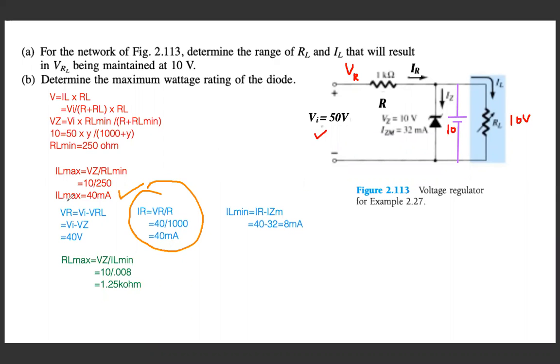The maximum current will flow through the load resistance if your Zener diode is off, if the current through the Zener diode is 0. And if current through the Zener diode is 0, then this is the same current. So the maximum current flowing through the load resistance is also equal to the current flowing through the resistance.